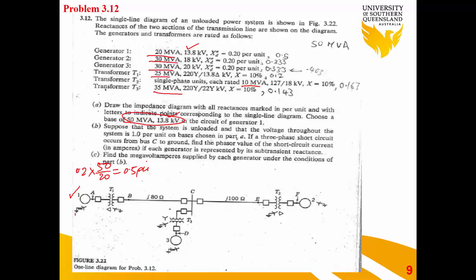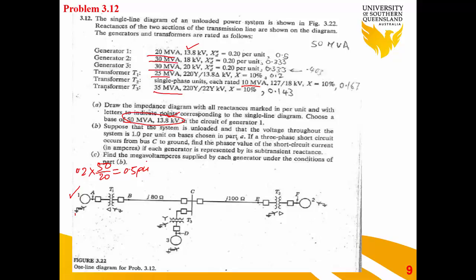What does it mean? Single phase is rated 10 MVA. If three phase, then what will happen? You can say there is 10 MVA for each rated. If three phase, it will be 3 times.